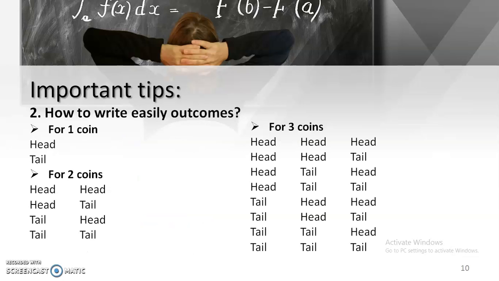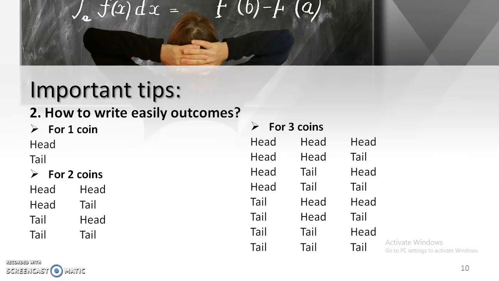Now the second question: how to write outcomes easily? Starting with the first, for one coin, make one column only, head and tail, one time. So there are 2 outcomes. Got it? Now for 2 coins, make 2 columns. In the first column, write head head, tail tail, 2 times each.